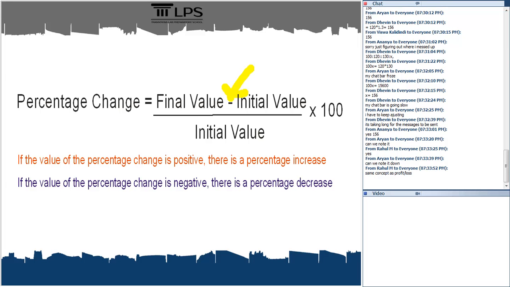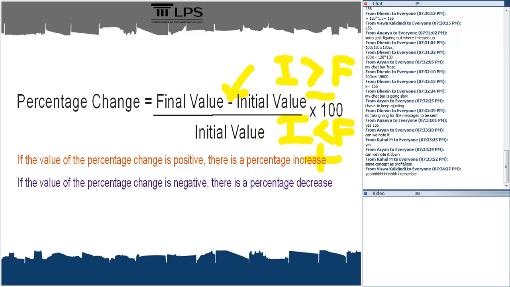So if the initial value, that is I, is going to exceed F, then we will end up with a negative value. But if I is going to be less than F, then we will end up with a positive value. Okay, so that is one sign that is going to be important.